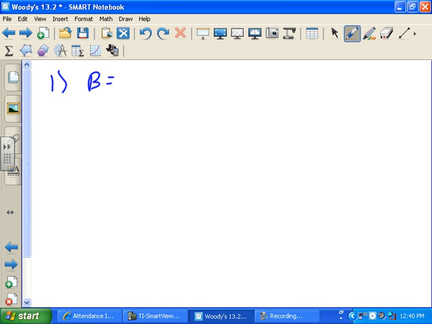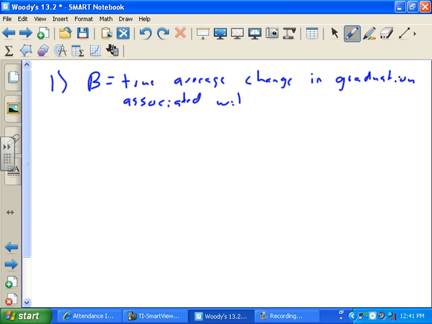B, capital letter B. We're talking about the true average change in graduation rate associated with an increase of $1 in student expenditure.